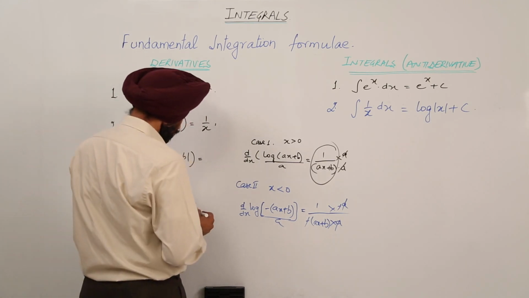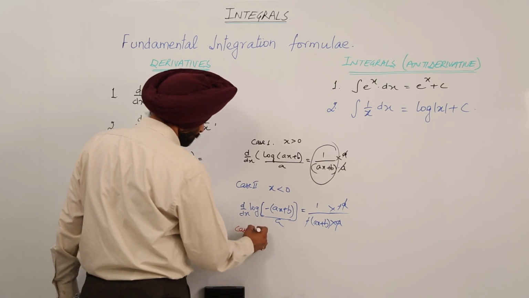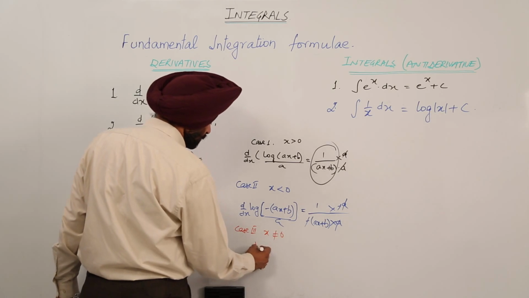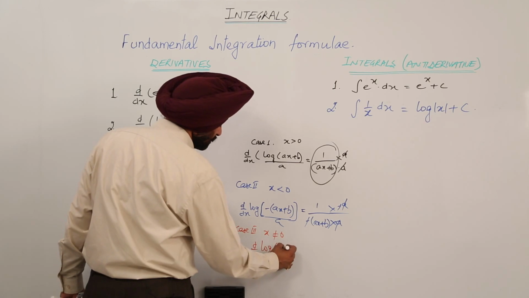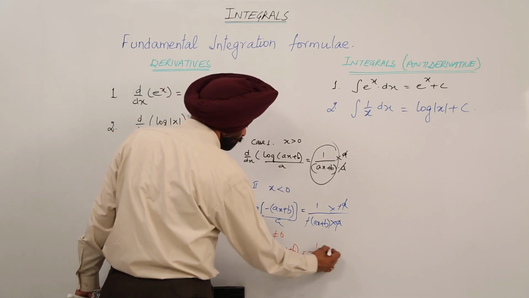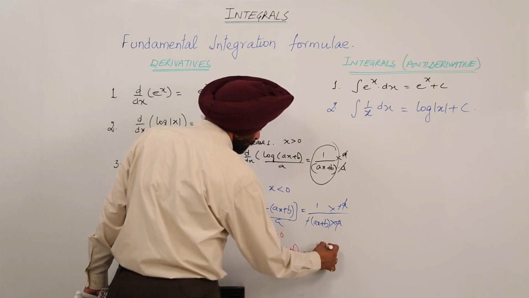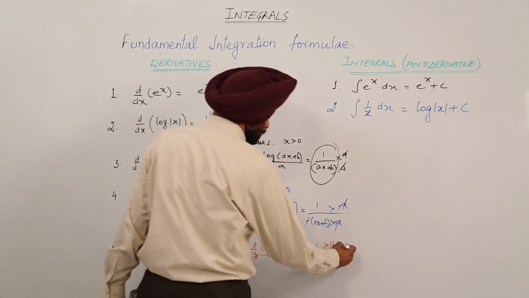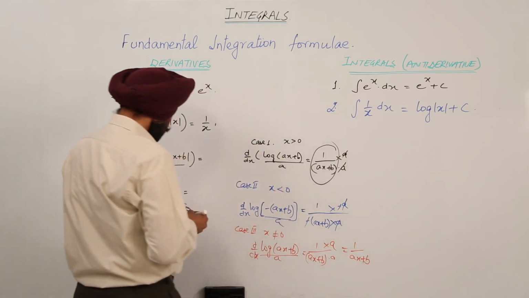Case 3, when x is not equal to 0, then d by dx of log ax plus b upon a is equal to 1 upon ax plus b into a, and with the numerator a also. Again this is 1 upon ax plus b. So what is the result?